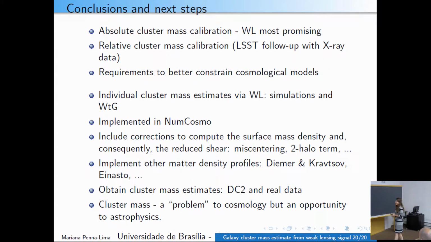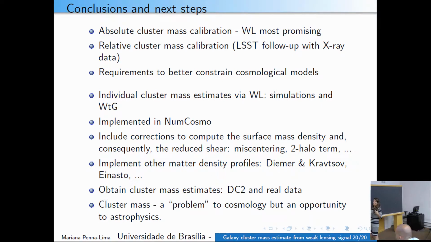One thing that I would like to emphasize at the end of my presentation is that cluster mass, we can look at it as a problem for cosmological analysis, but I would like to be more optimistic. It's an opportunity to understand the astrophysics of these objects.